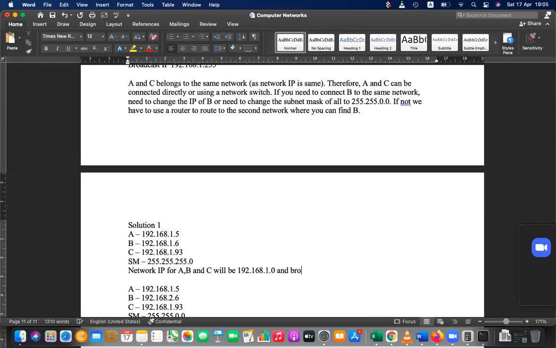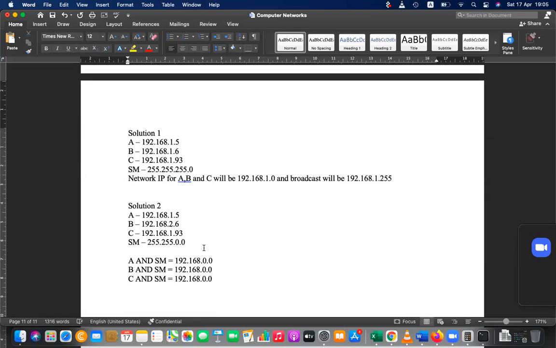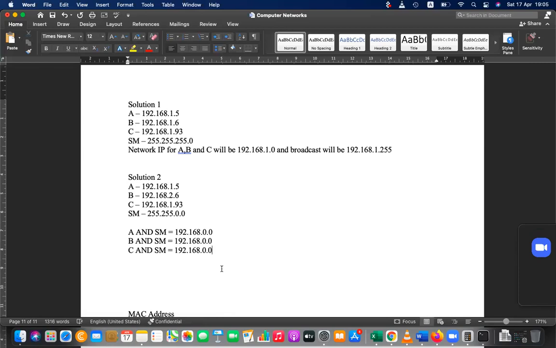And the broadcast will be 192.168.1.255. That is the broadcast. So that is solution 1. Solution 2 is you can keep the IP addresses and change the subnet mask. Then the broadcast IP will be 192.168.255.255. That is the maximum IP that you can have, the last one, the broadcast.